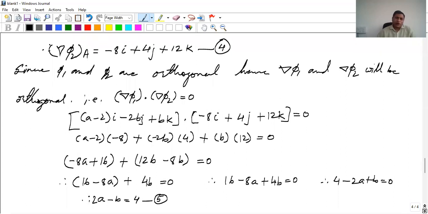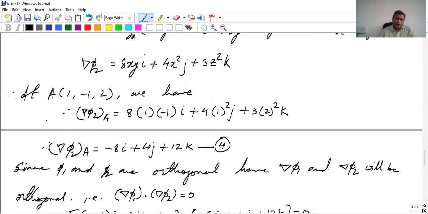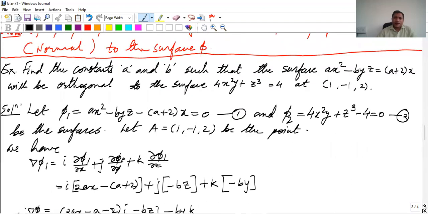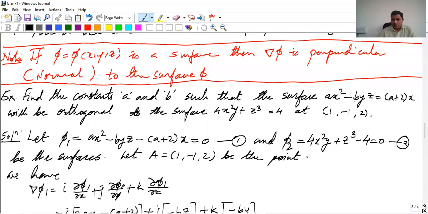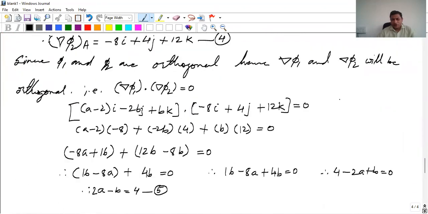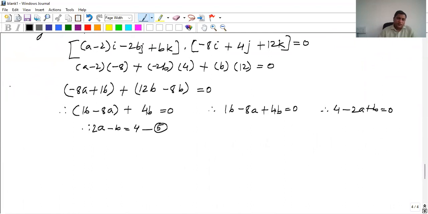If we want the value of these 2 unknowns, I must have 2 equations. But one more thing that we have is point A. The given point A is on this surface. That's why if I consider the value of phi 1 at A, because point A is on phi 1 also, we can use the value of A in phi 1.